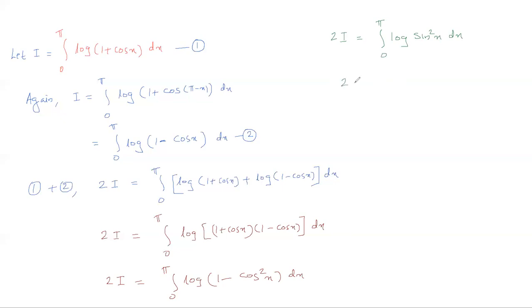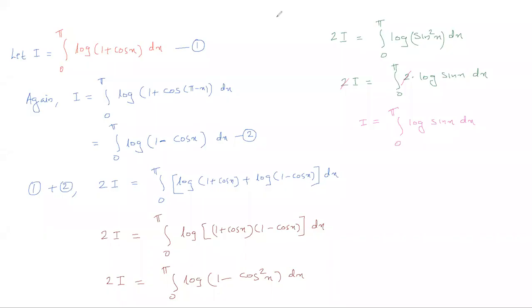The power can be written as power into logarithm of the base. So 2 into log sine x dx. This 2 can be taken outside, and that 2 and this 2 will be cancelled. So you will get I is equal to integral 0 to pi log sine x dx.